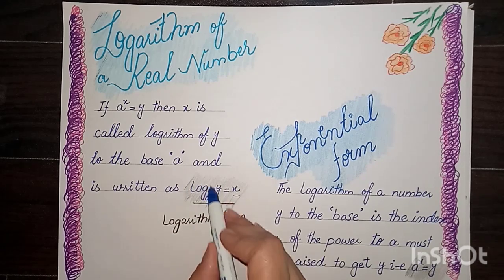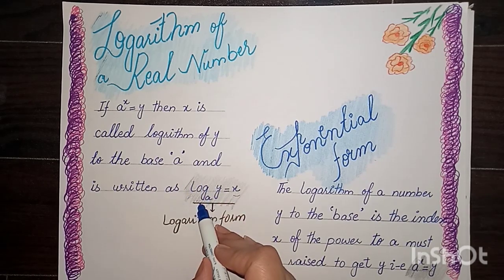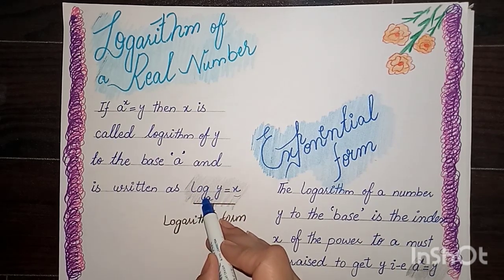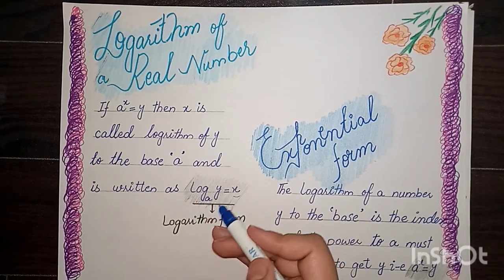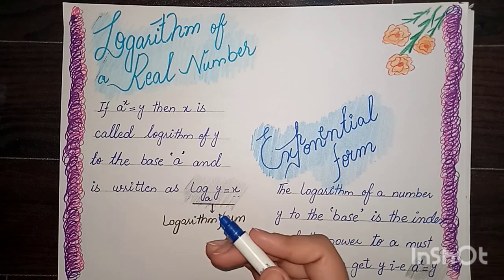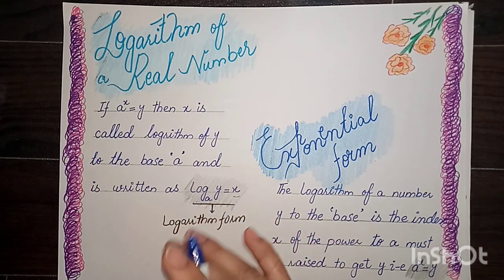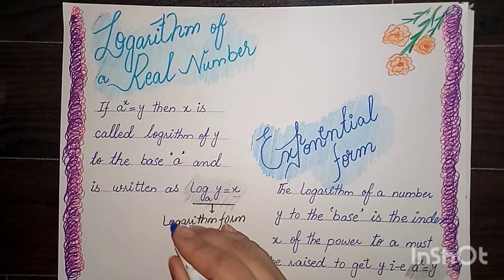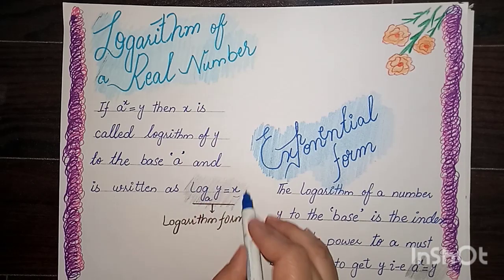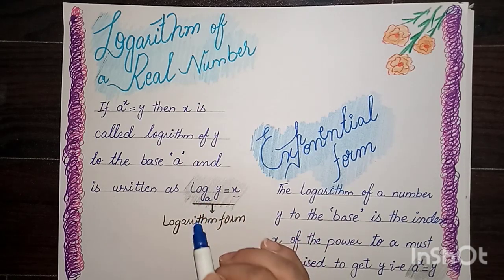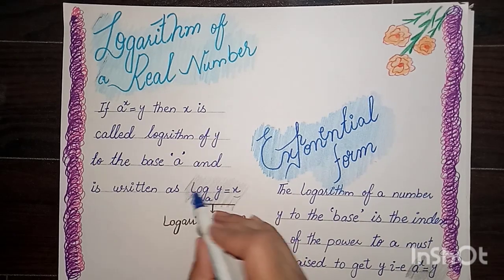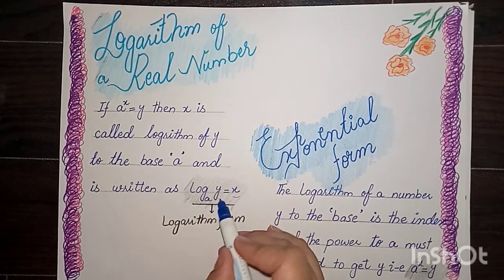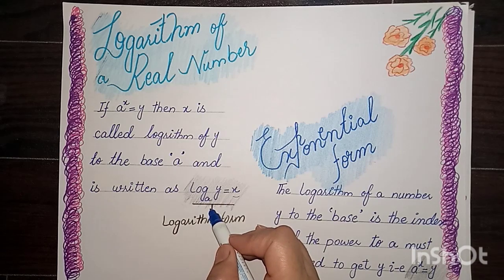In logarithmic form we will write log to any base, any real number base, or base 10. This is called logarithmic form. In any number, when we have to write something as log of something, this is called logarithmic form.